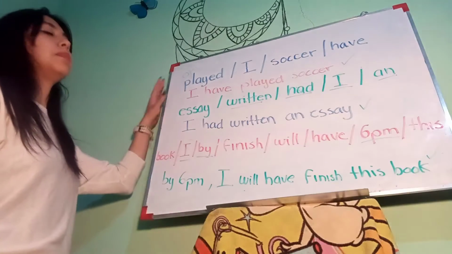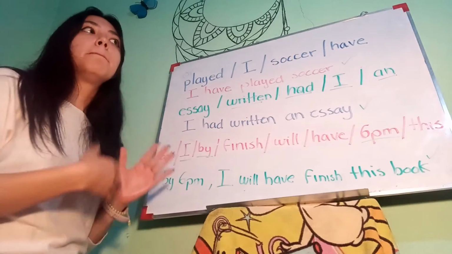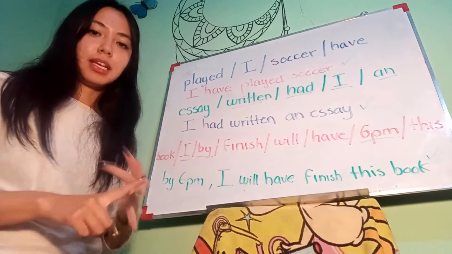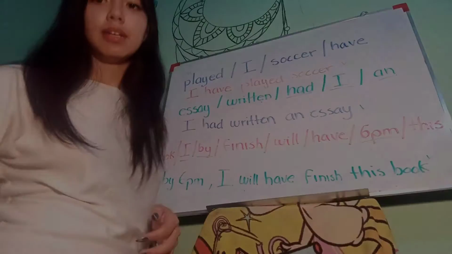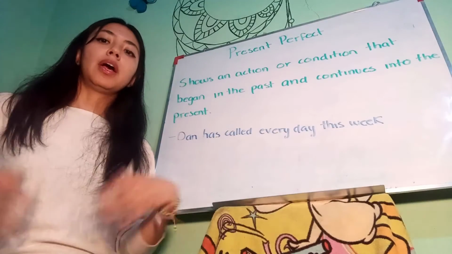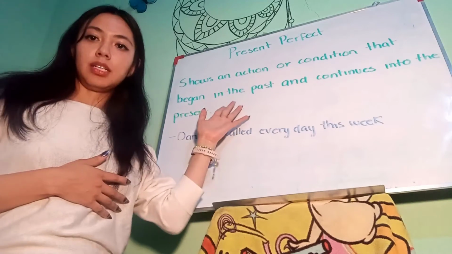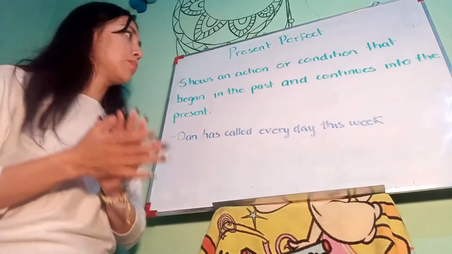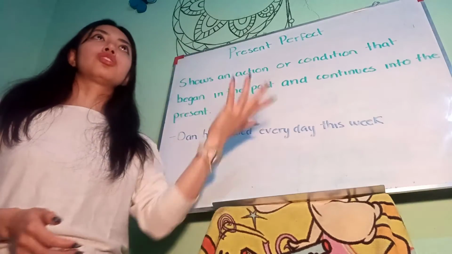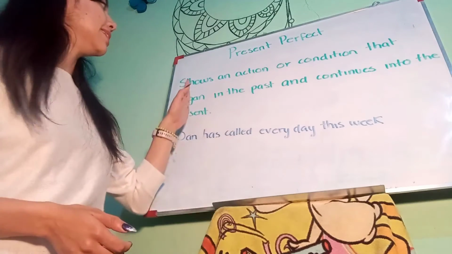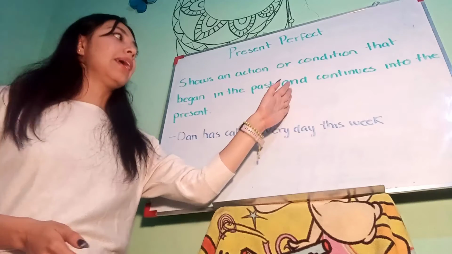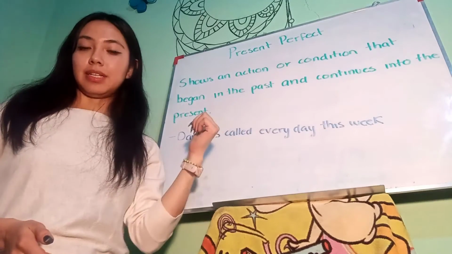So the topic of today is perfect tenses: present, past, and future perfect. So we start with present perfect. Present perfect shows an action or condition that began in the past and continues into the present.